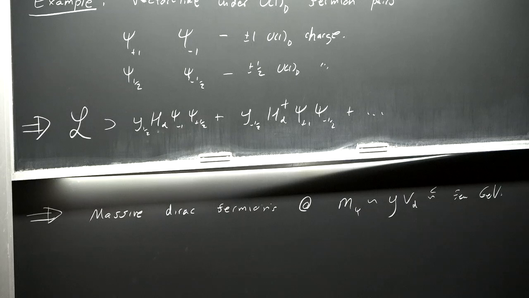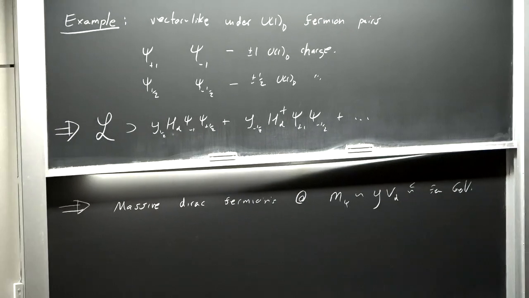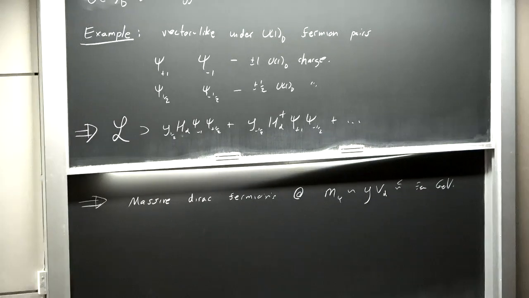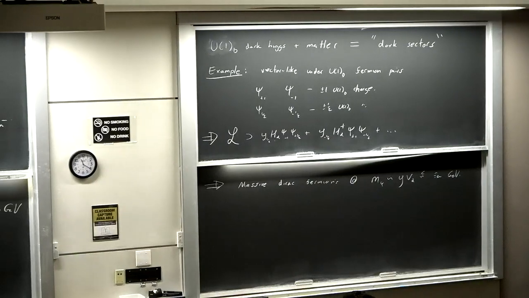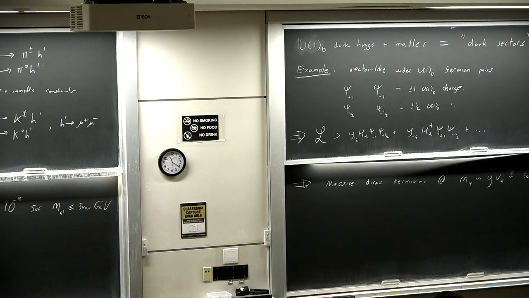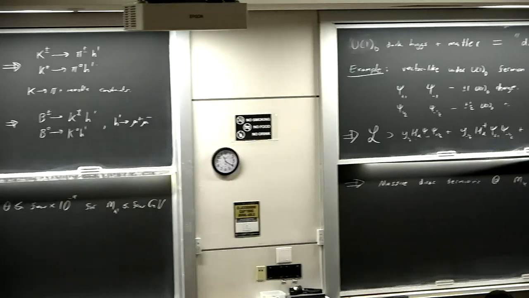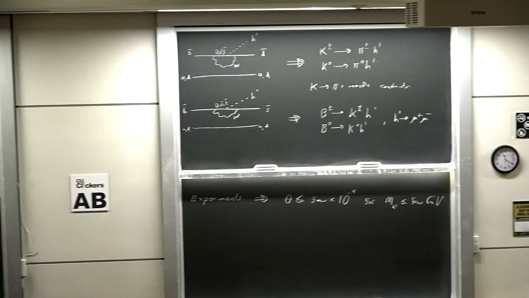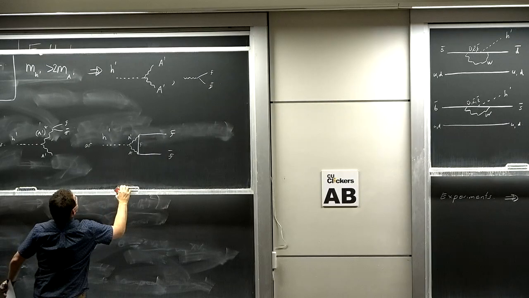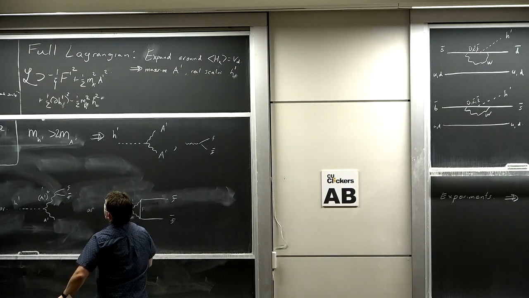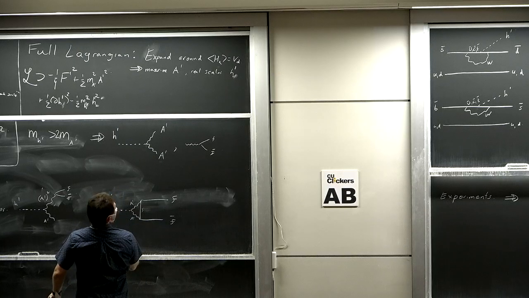So for this, I have a little bit of a flow chart here that I want to get through quickly. I'm going to erase some boards here. Let's see, where is that one?